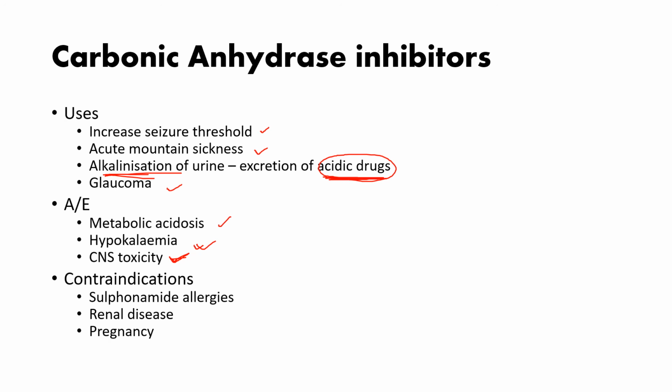Contraindications. Firstly, they are contraindicated for people with sulfonamide allergies, because an example of a carbonic anhydrase inhibitor is acetazolamide, which is a sulfonamide derivative. So don't give them to people with sulfonamide allergies. They are not used for people with renal disease of any sort, including kidney stones.